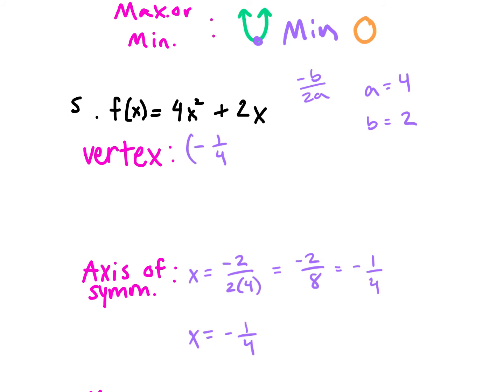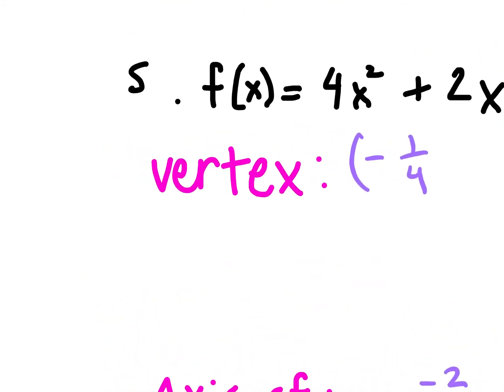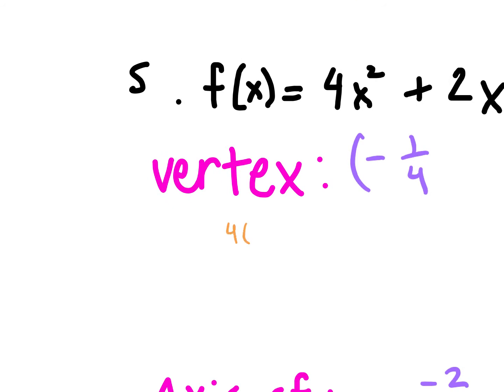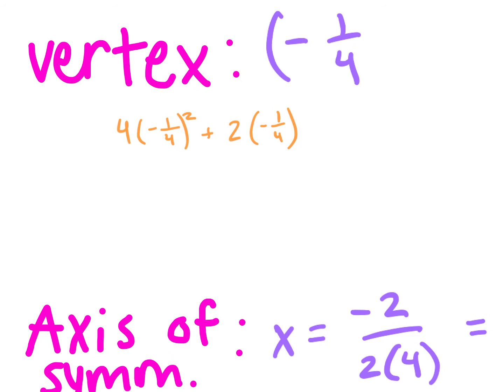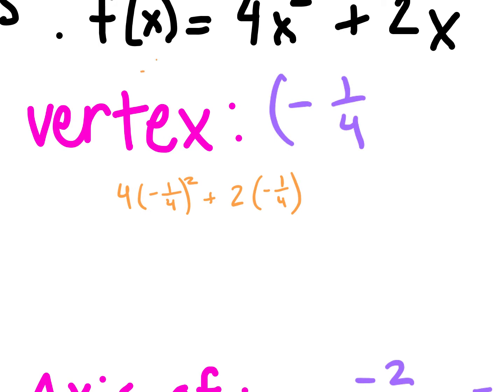How do I find the second number? Plug it in for x. So I have 4 times negative 1 over 4 squared plus 2 times negative 1 over 4. So what do I have to do first? Exponents. So negative 1 over 4 times negative 1 over 4.